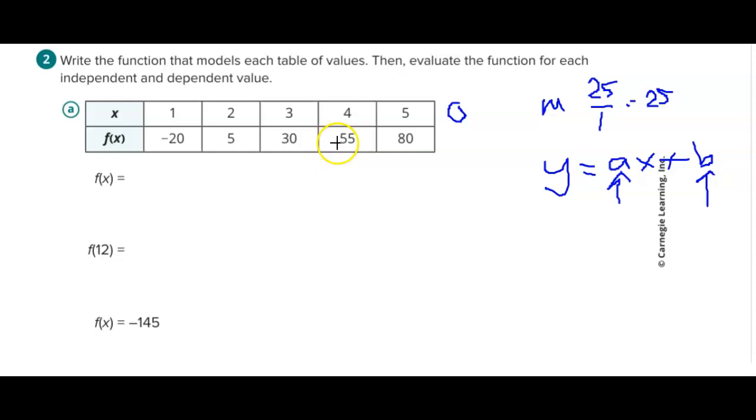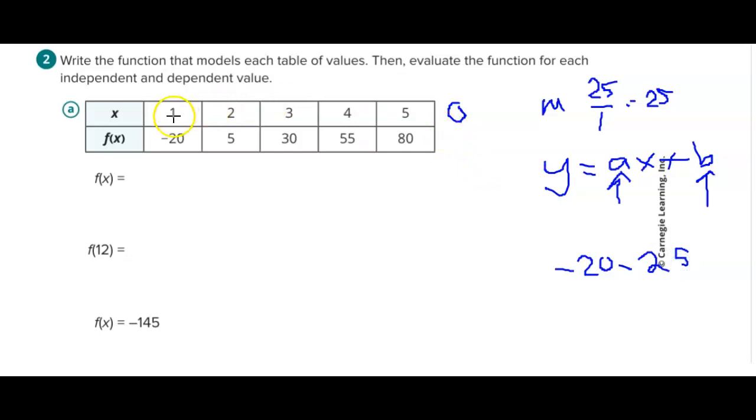80 minus 25, 55 minus 25, 30 minus 25, 5 minus 25. Each time we're subtracting 25. So now we need to figure out what y would be when x equals 0. What we're going to do is take negative 20, and then subtract 25, because that's our slope.